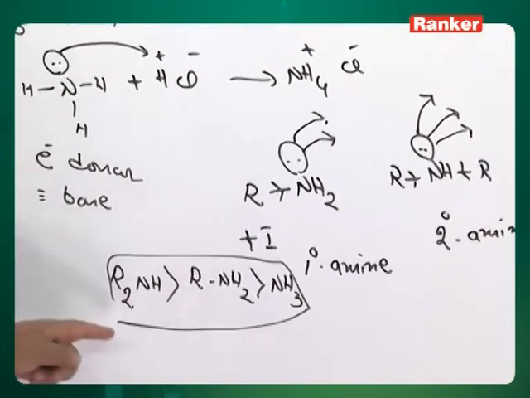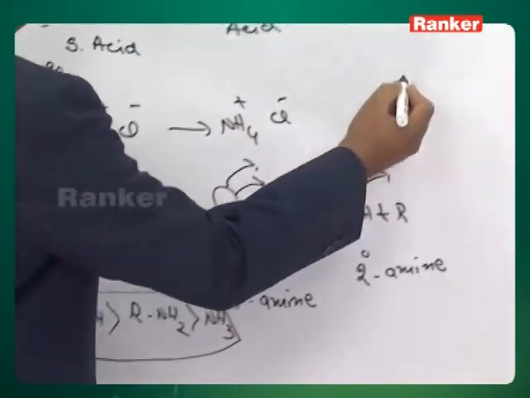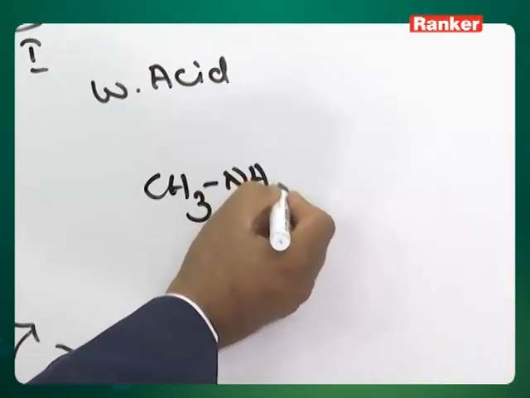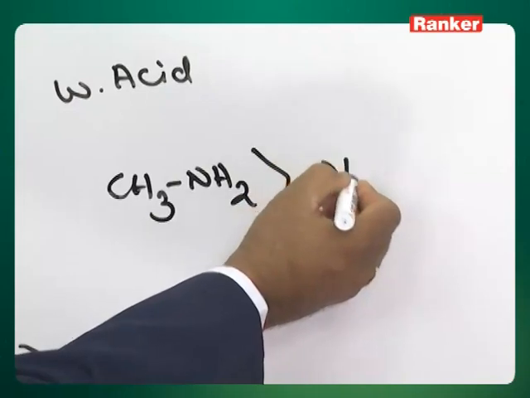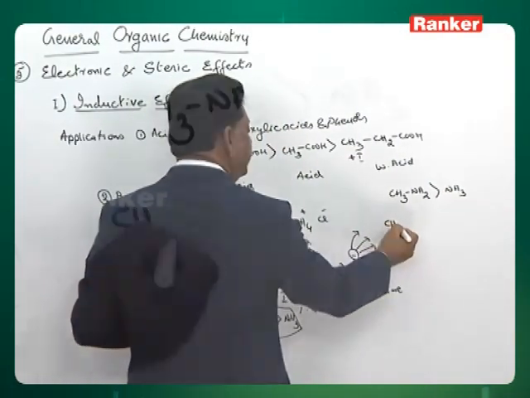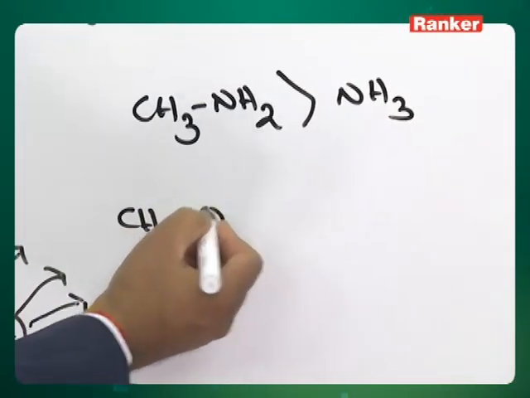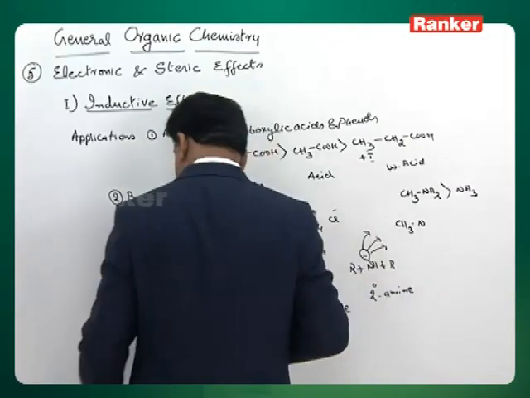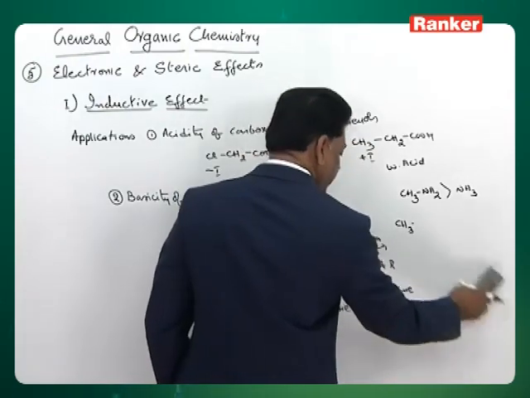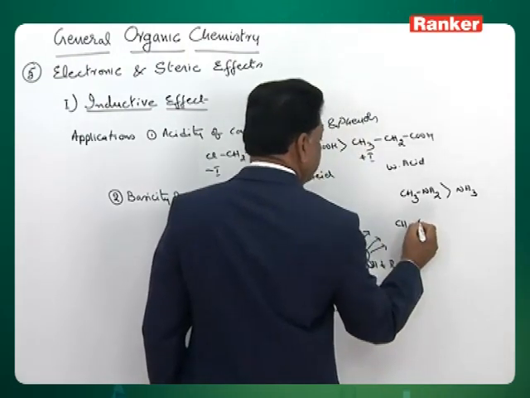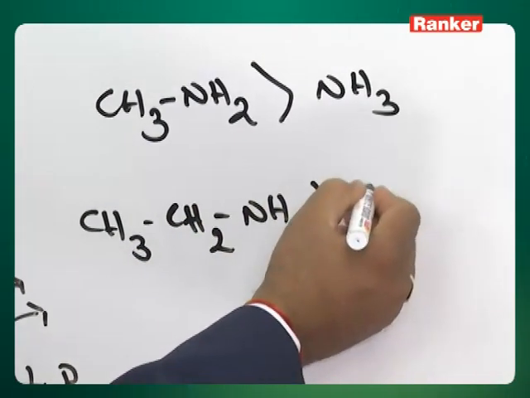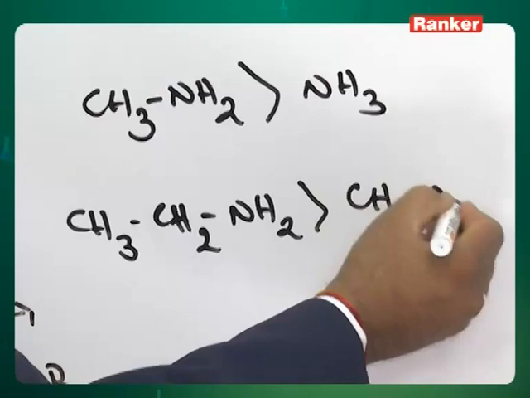Now, this statement can also be shown with regular examples. Methylamine is found to be more basic than ammonia, right. This is one simple example. And even ethylamine, which means one more carbon, CH3CH2NH2, is more basic than methylamine.